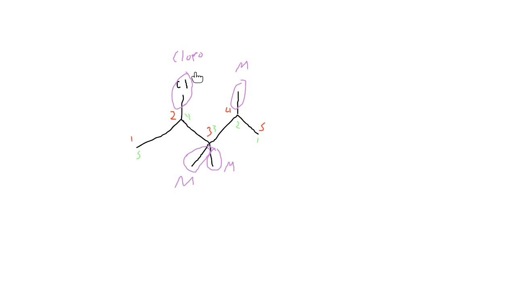But what I was trying to say is, when you have chlorine compared to alkyl groups, chlorine takes priority. So you want chlorine to be on the smallest number compared to alkyl groups. There's kind of a hierarchy, so alcohols, then halogens, and then alkyl groups. Once again, alkyl groups means methyl, ethyl, propyl, butyl.